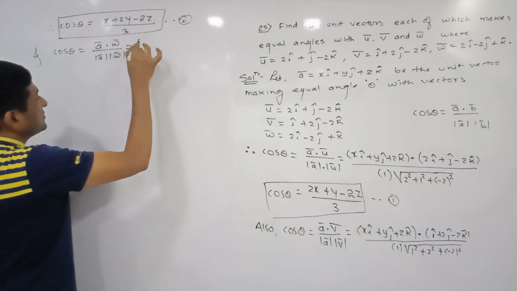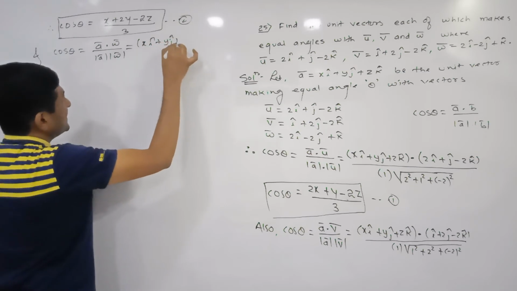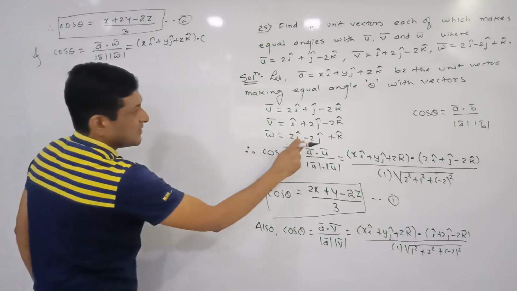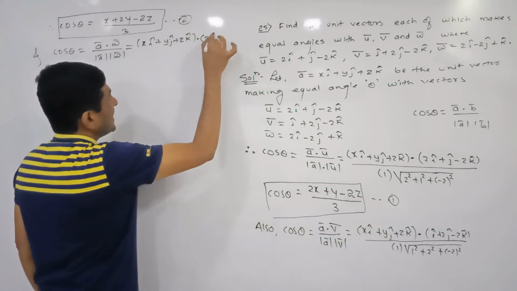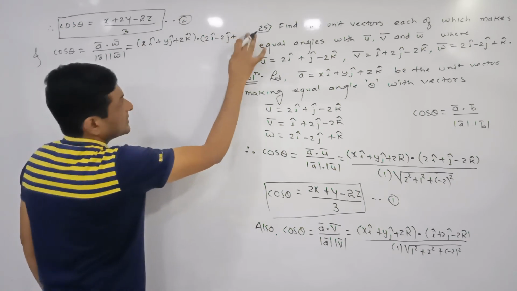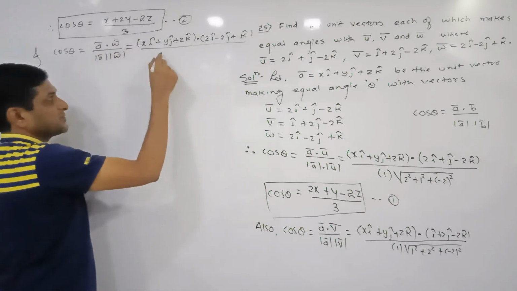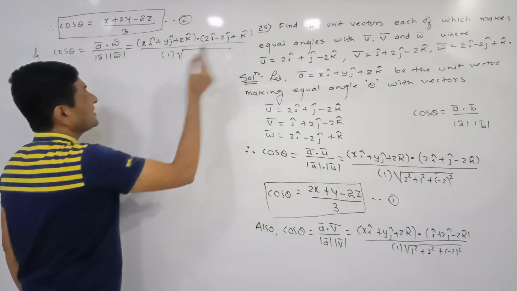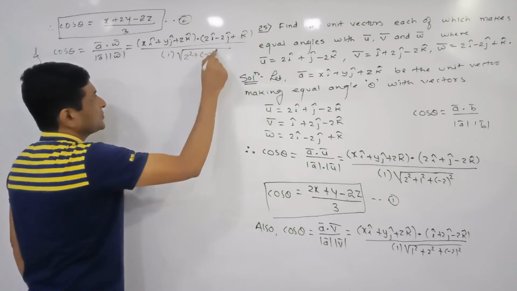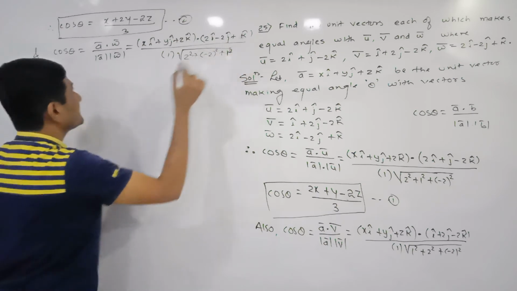A bar is xi cap plus yj cap plus zk cap, dot W bar, which is 2i cap minus 2j cap plus k cap, divided by the magnitude of the first vector, which is 1 because it is a unit vector, and the magnitude of W bar, which is 2 square plus minus 2 square plus 1 square.